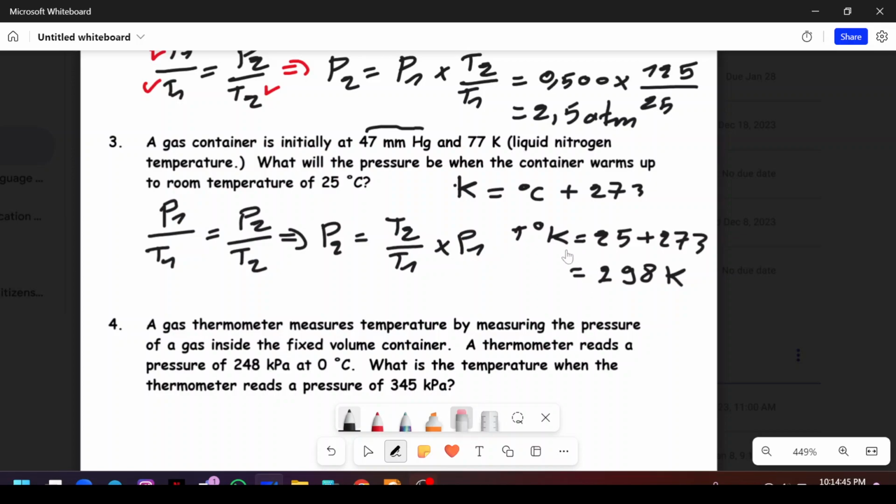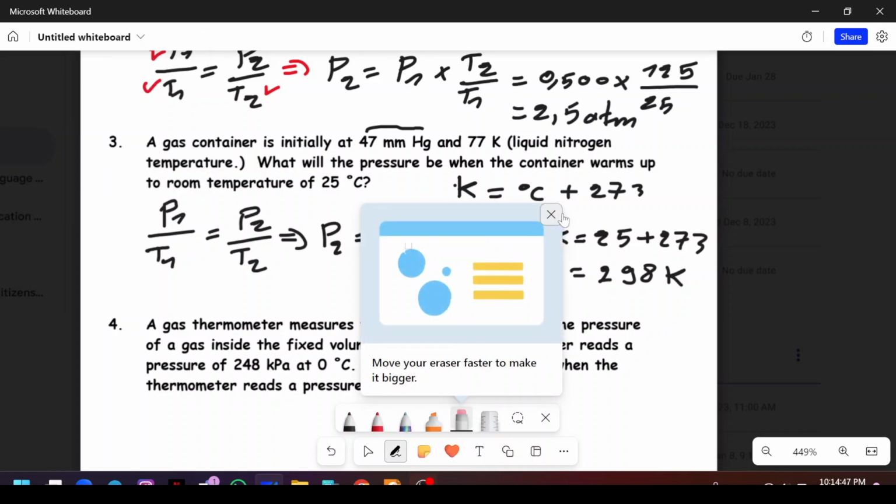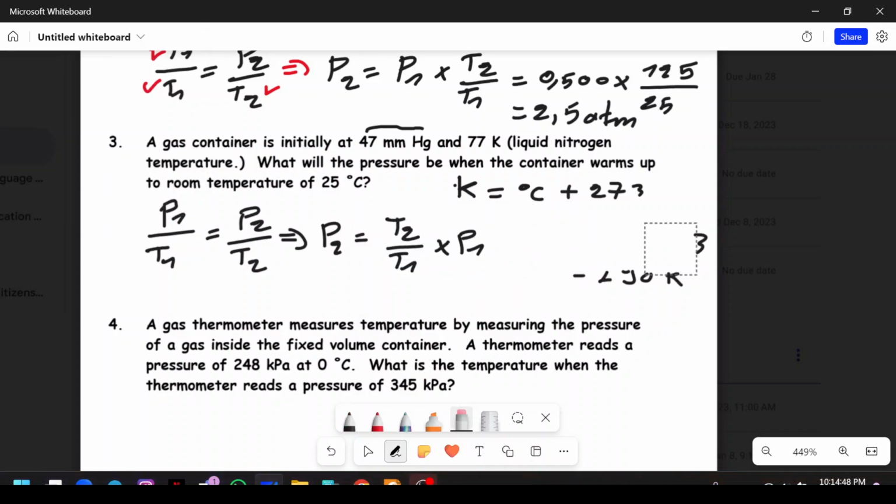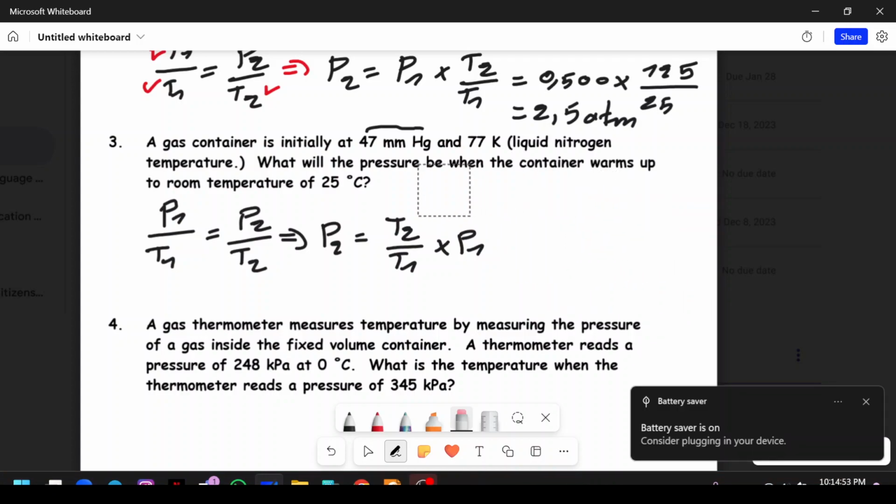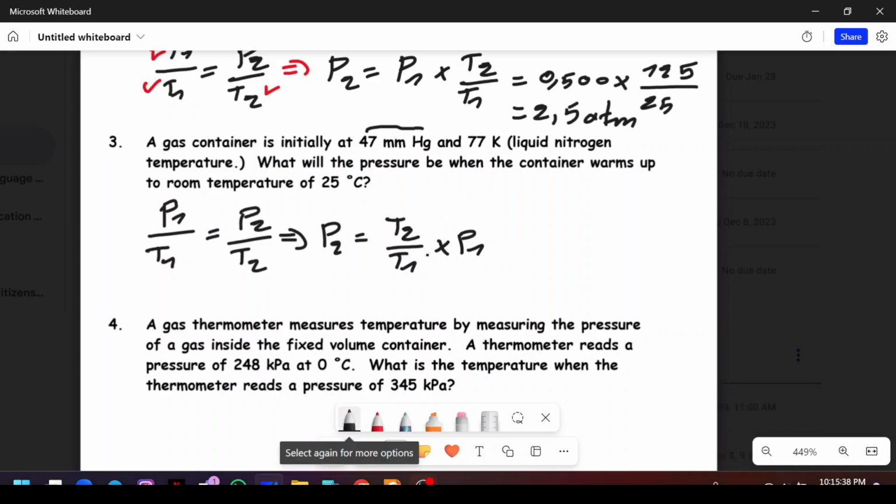So let's rewrite this here. This is going to be 298 Kelvin. Now it's up to us to substitute each parameter with its value.